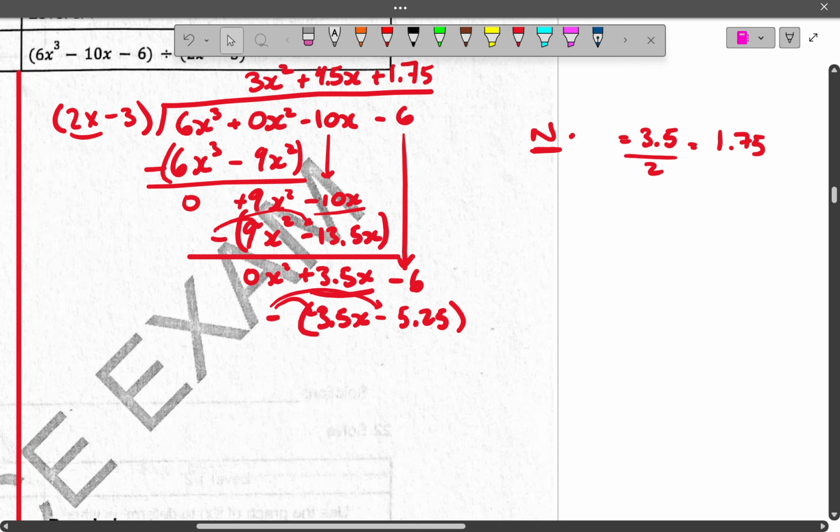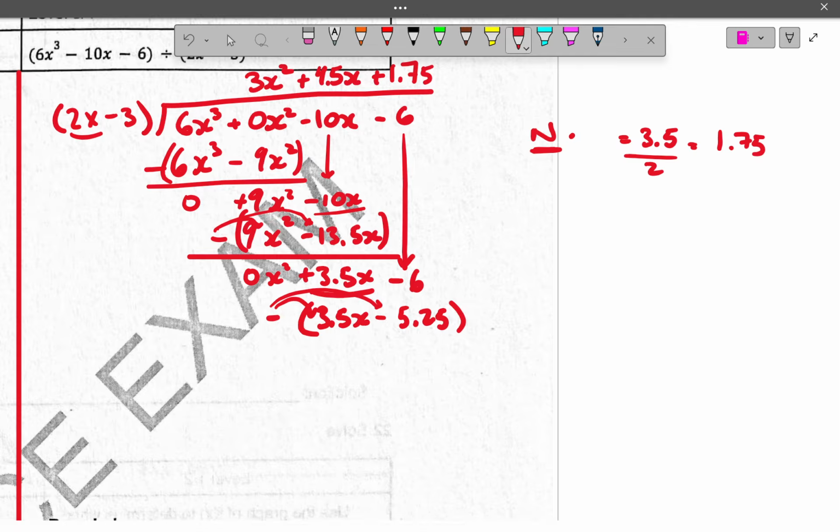There's no negative there. Yeah. So we expand this, so we have 3.5x minus 3.5x will be 0x. And you have negative 6, and then two negatives here will make a positive 5.25. So you're left with minus 0.75.